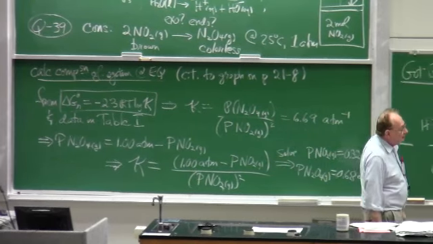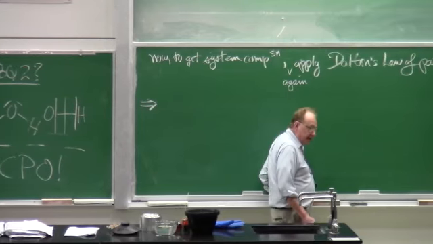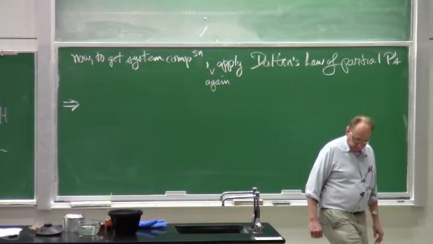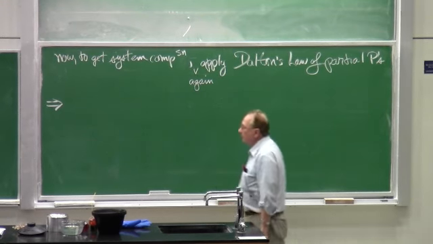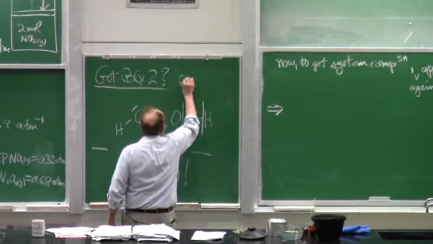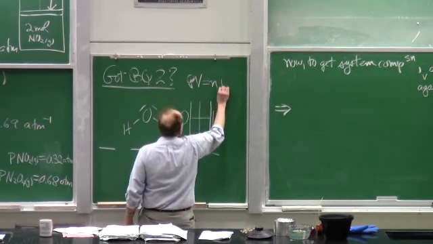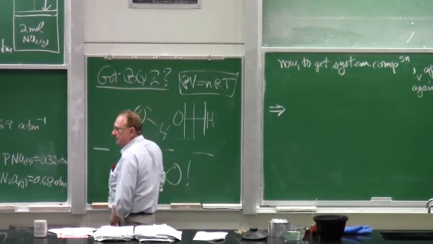But what we want to do is get the composition of the system. In order to get the composition of the system, I need moles. So to get moles, I use this.